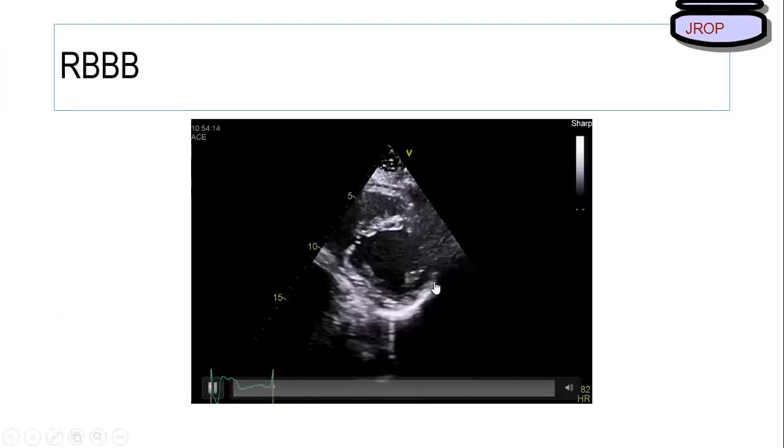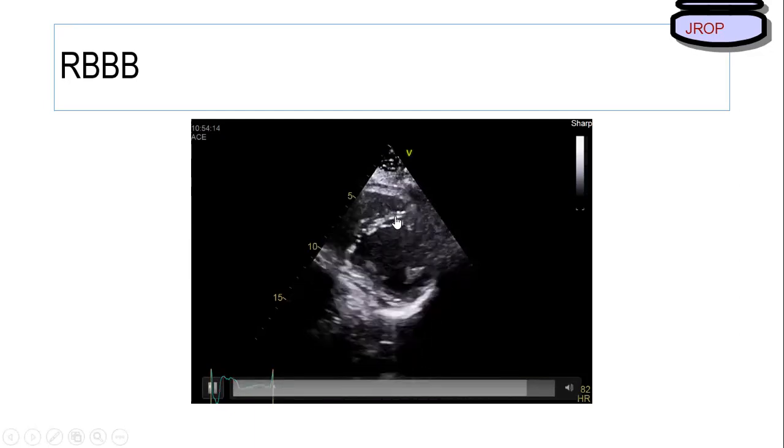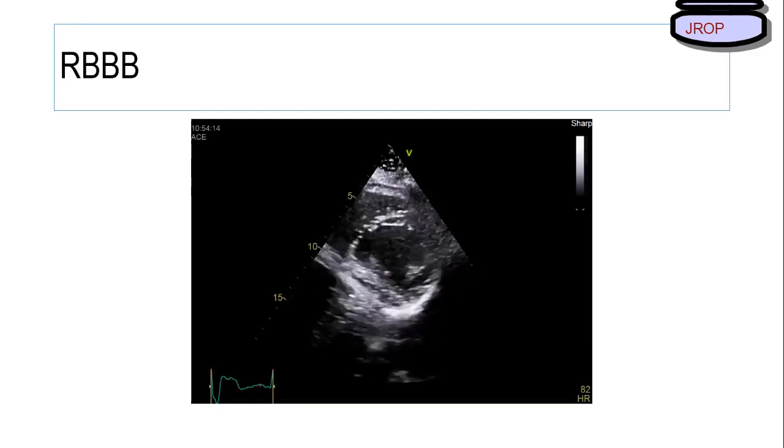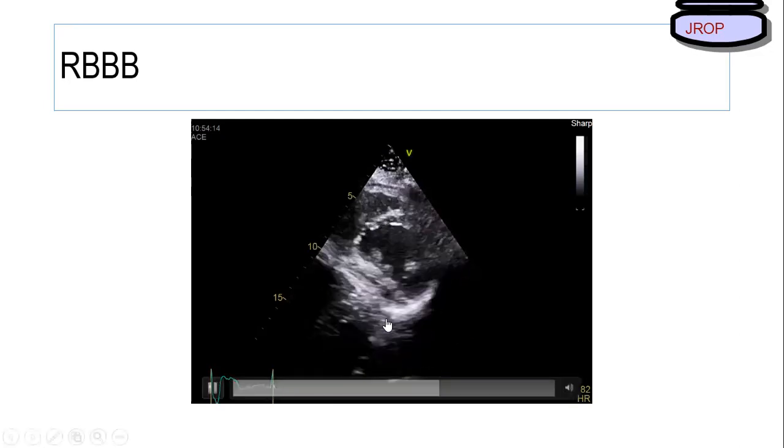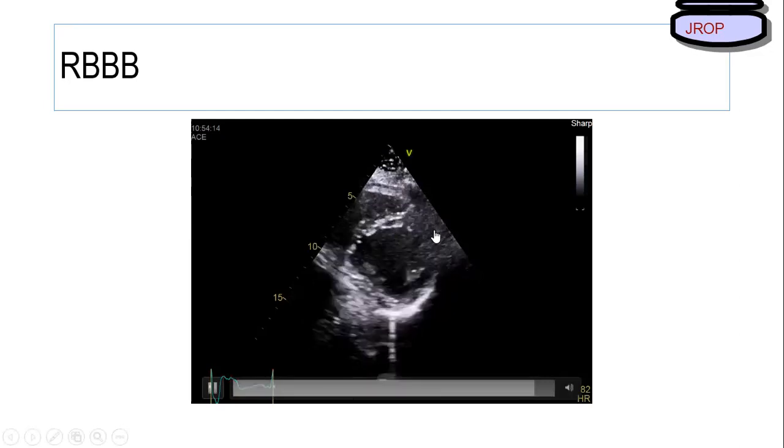So the lateral wall has the papillary muscles. This is the anterior septum. Opposite to the anterior septum is which wall? Posterior wall. So here is the posterior wall, and here is the anterior wall. Opposite is the inferior wall. This is an inferior wall.